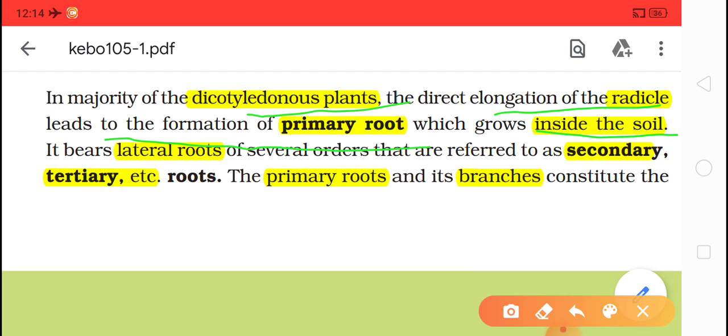Later, the roots of several orders are referred to as secondary and tertiary. After some time, the primary roots form the secondary roots and tertiary roots.